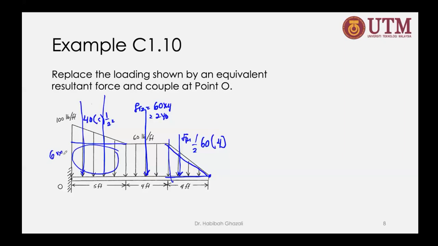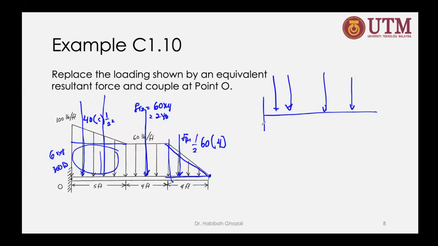That one will be 60 times 5. That's 300 pounds. And it's going to be located at half of that, in the center of that distance. So now you will have something like this, all going downward.